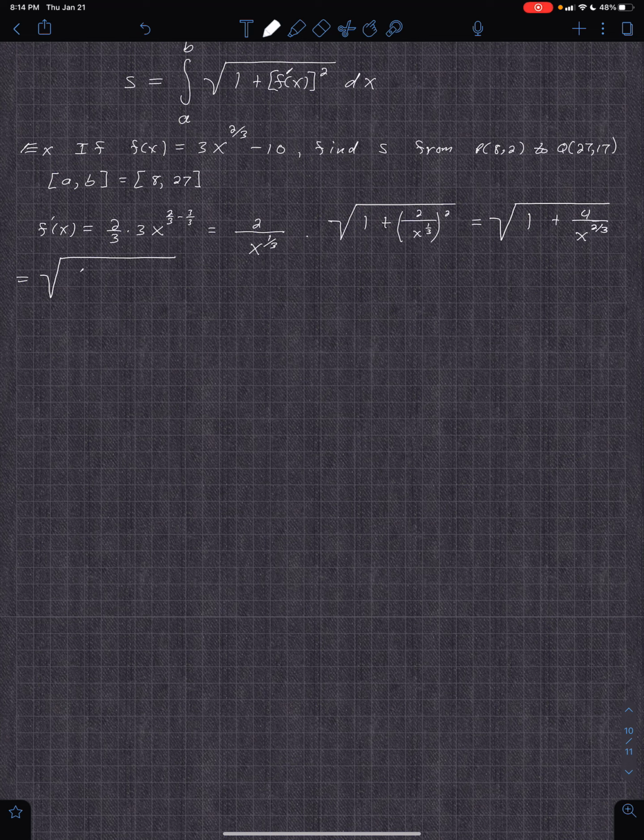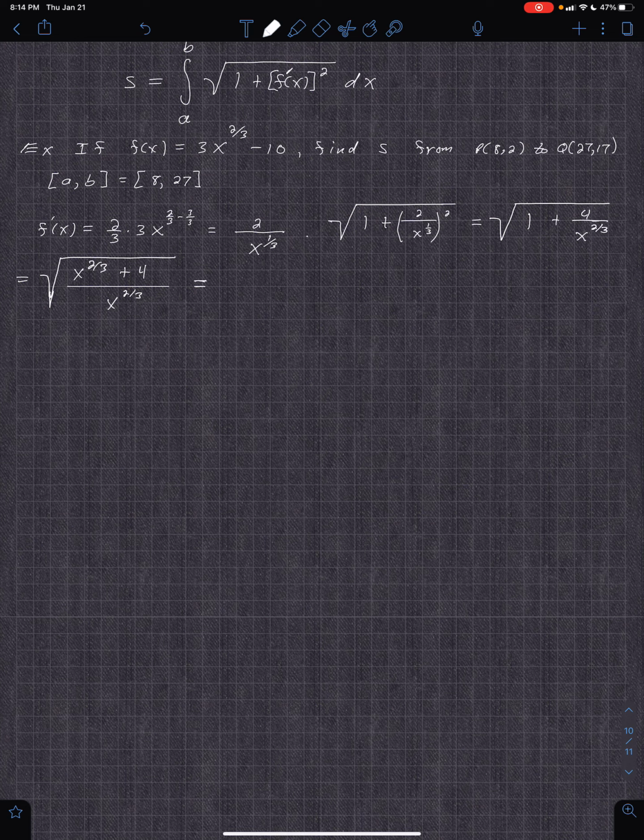So that's going to be x to the 2/3 plus 4 over x to the 2/3. And let's do the square root.